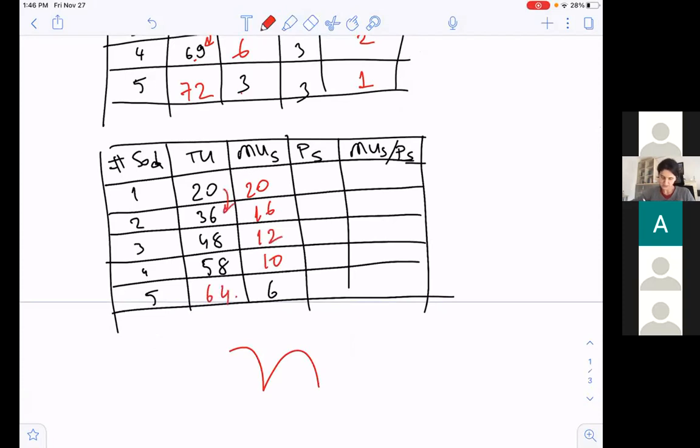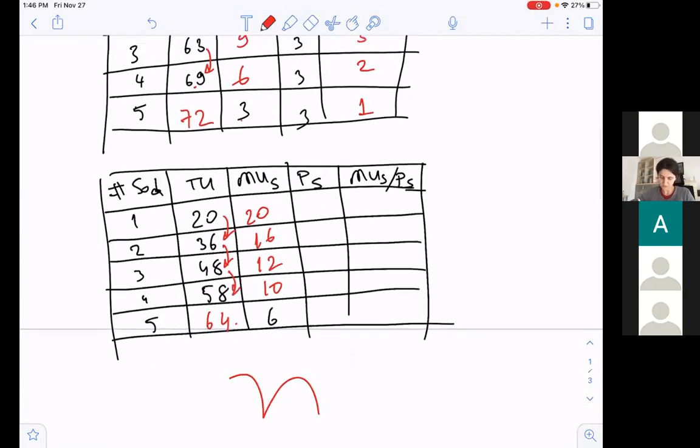I'm just taking the difference between those two numbers. The price of soda was 2. And then this is 10, 8, 6, 5, and 3.